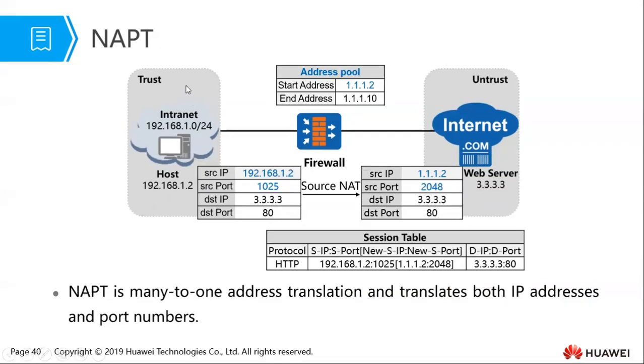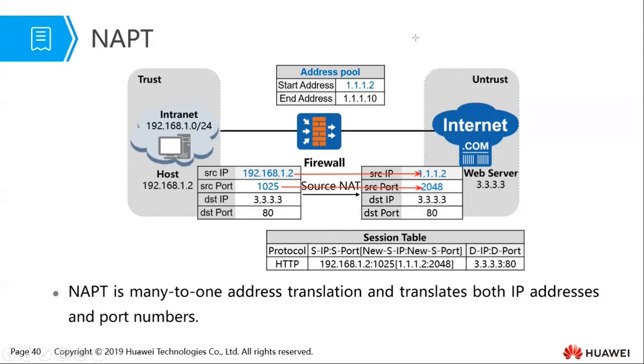Then we have network address port translation. As the name suggests, this is many to one. So we map the private to a public address, and we also change the source port number. It came in with 1025, and we are changing it to 2048.